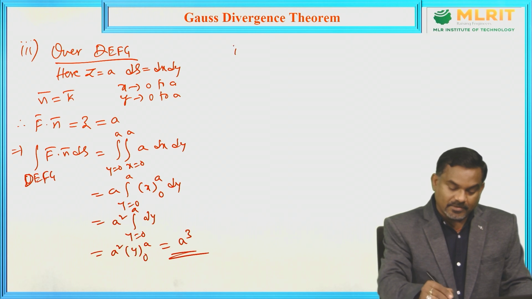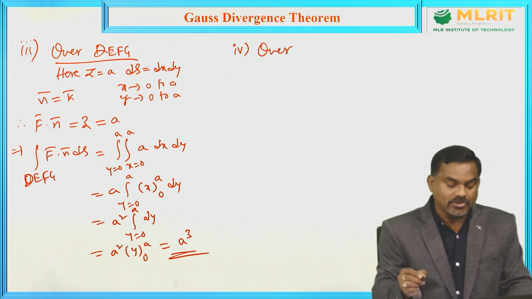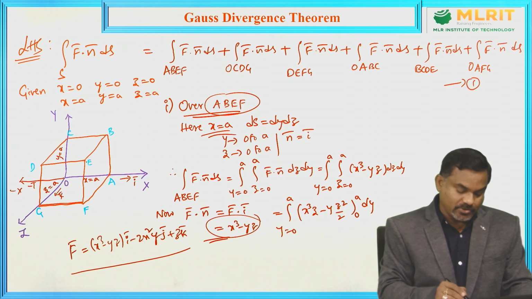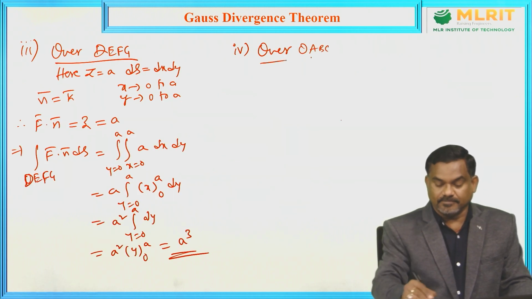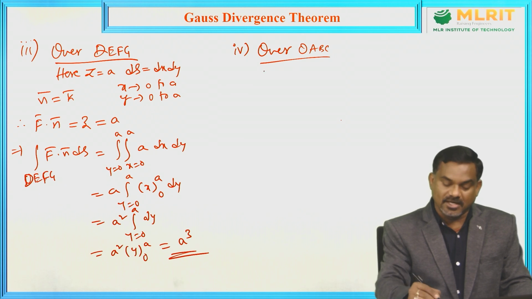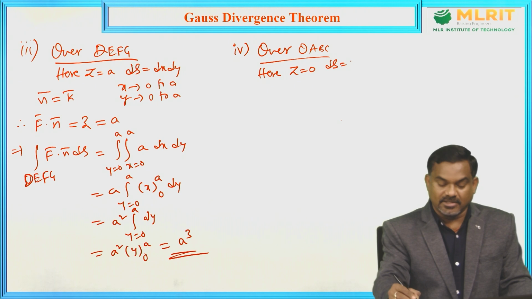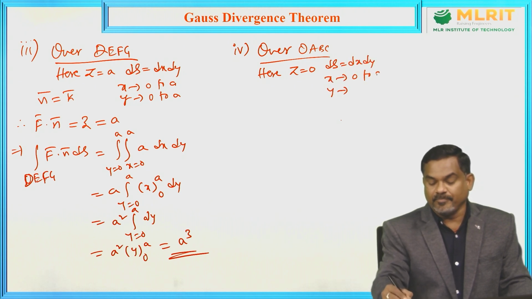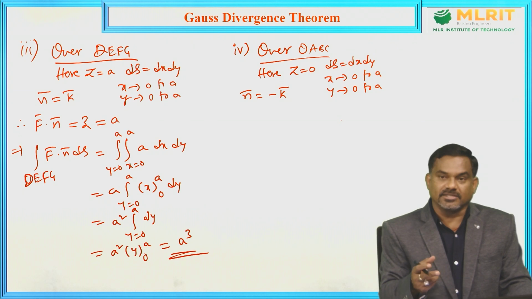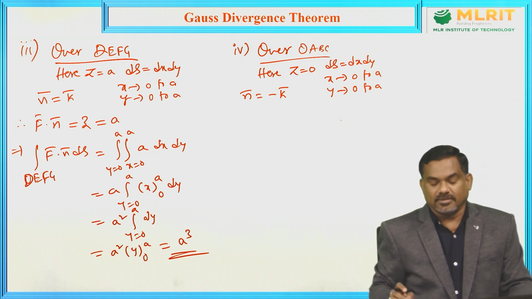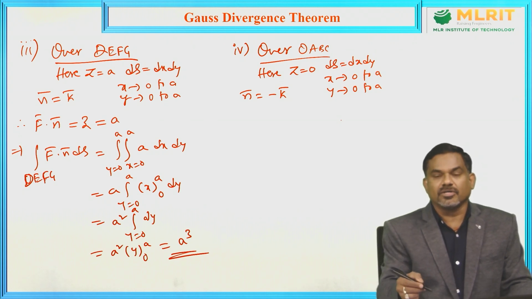Similarly, the fourth one, opposite to this face DEFG, that is OABC. Since the origin is there, here the value of z is 0 and the remaining as it is, ds is dx dy, x changes from 0 to a and y from 0 to a, and the n bar for this face is the negative k bar, because the negative z axis is the outward drawn direction. So n bar is the outward drawn unit normal vector.